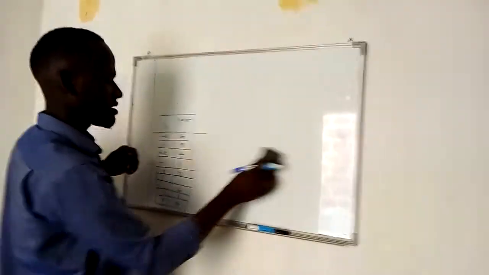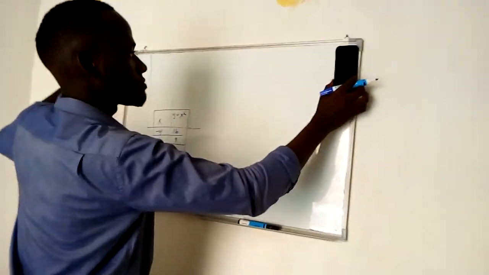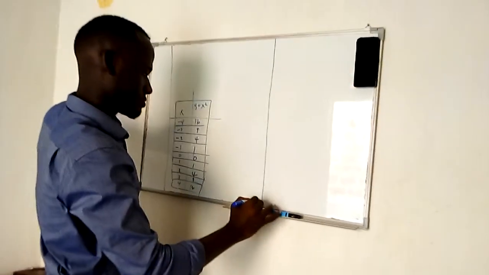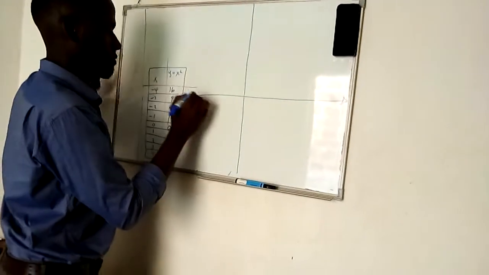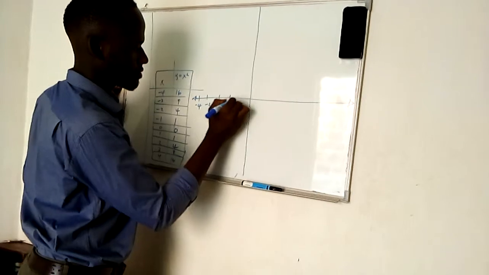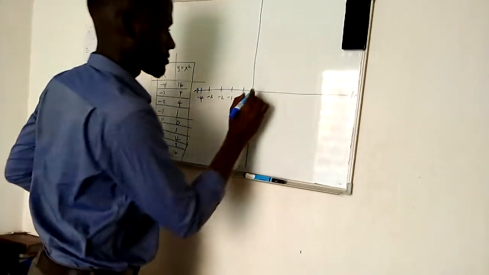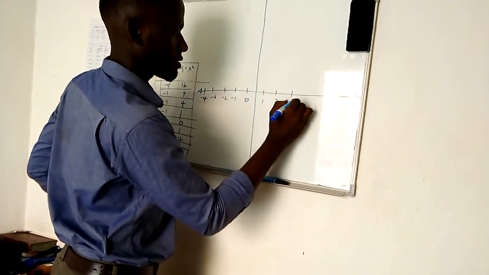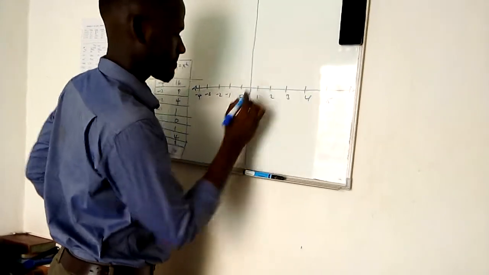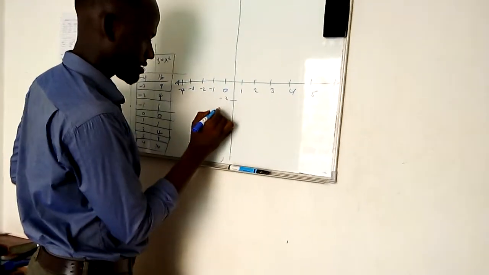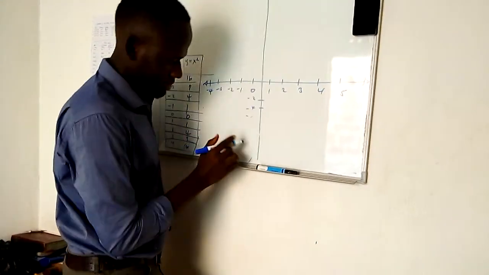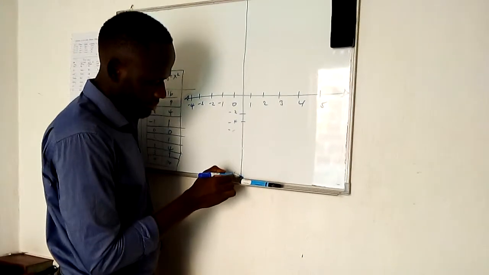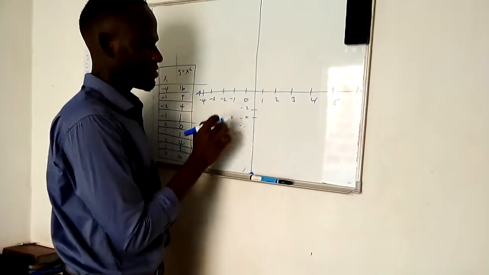Now, what is major are the points. This is -4, -3, -2, -1, 0. This is 1, 2, 3, 4, and 5. This is -2, -4, -8, -6. Will they fit here? Why can't I use the scale of 4?